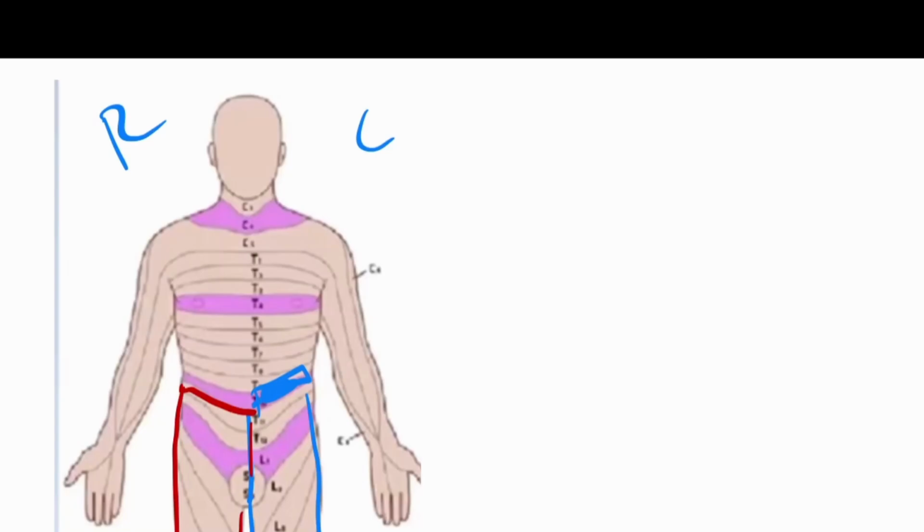Okay. So, what sensations are we going to lose in the right lower leg in red? What are we going to lose when the injury's at T10 on the left?